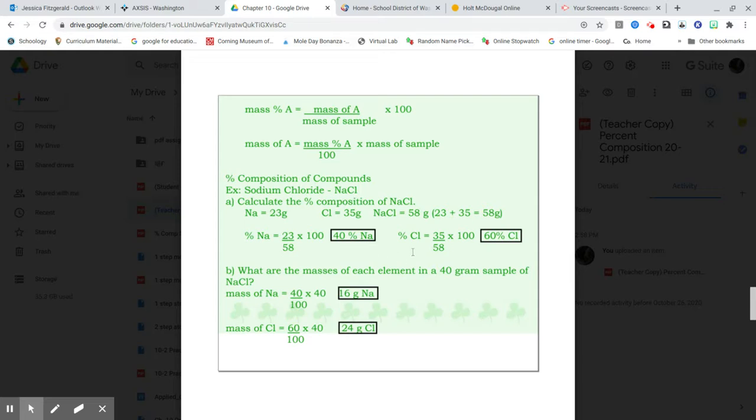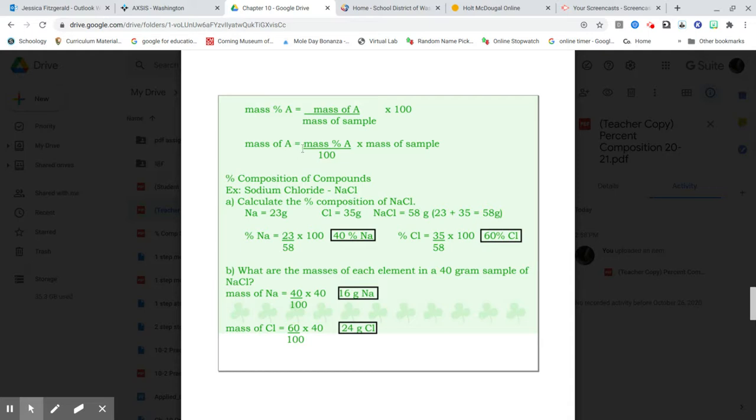To find your percent of chlorine, you take 35, which is the mass of chlorine, divided by the mass of your compound, which is 58. So 35 divided by 58 times 100, and that gives you 60% chlorine. Now that you have your percents, you can use your percents in your next formula to find the mass of each element in that sample.